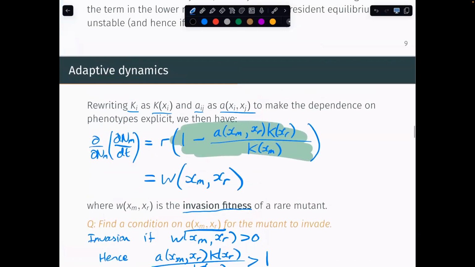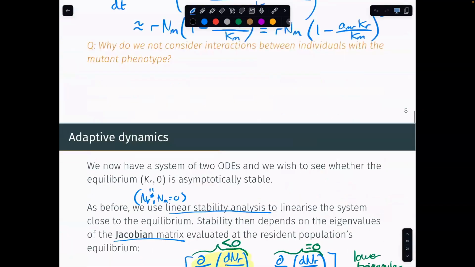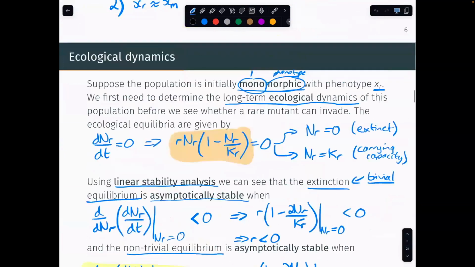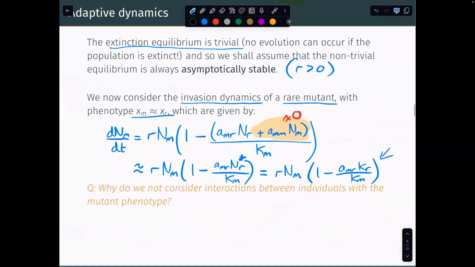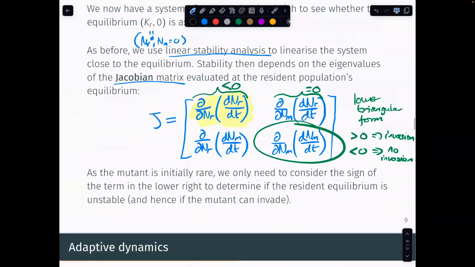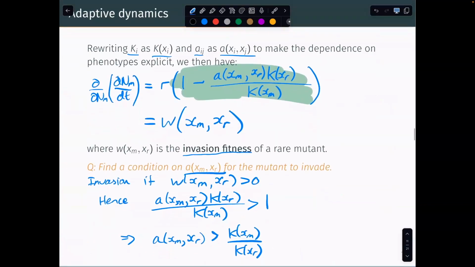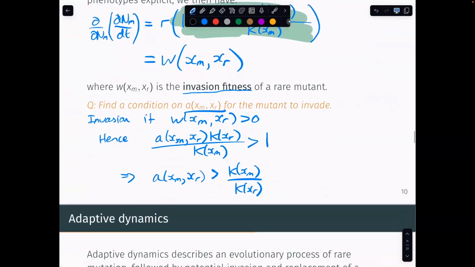So the basic adaptive dynamics process starts by determining up here the ecological dynamics. So we determine ecological dynamics when we just have one phenotype. Then we determine when our mutant can invade. The invasion here is going to depend on its invasion fitness.